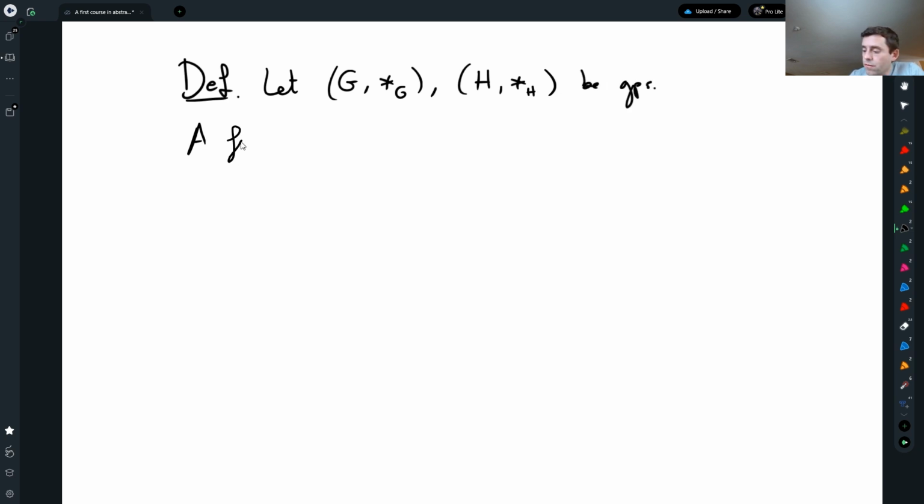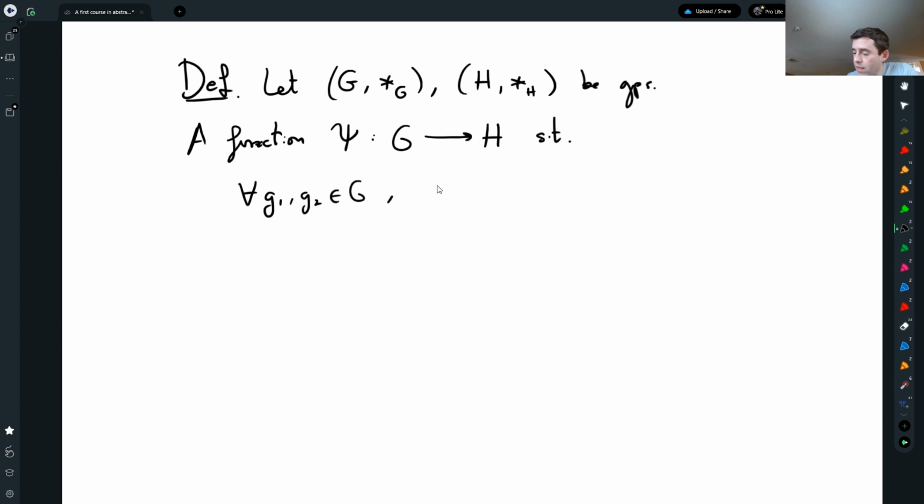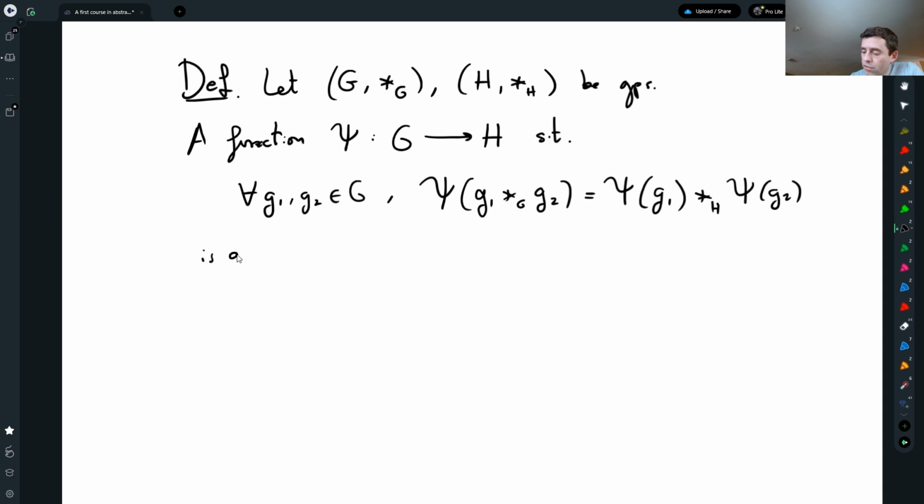A function, let's say psi from G to H, such that for all G1 and G2 in G, we have that psi of G1 star G, G2 is the same as psi of G1 star H, psi of G2, is called a homomorphism.